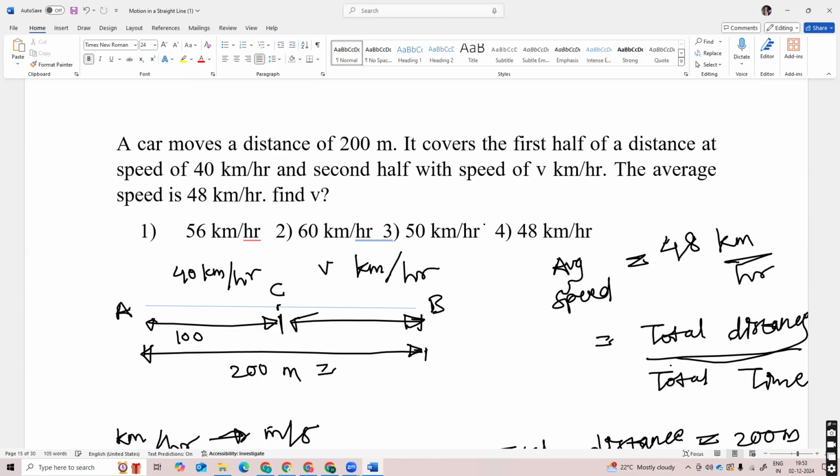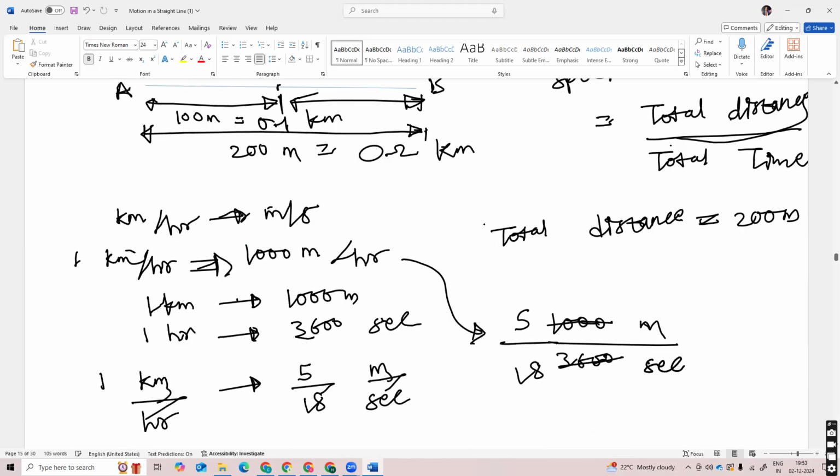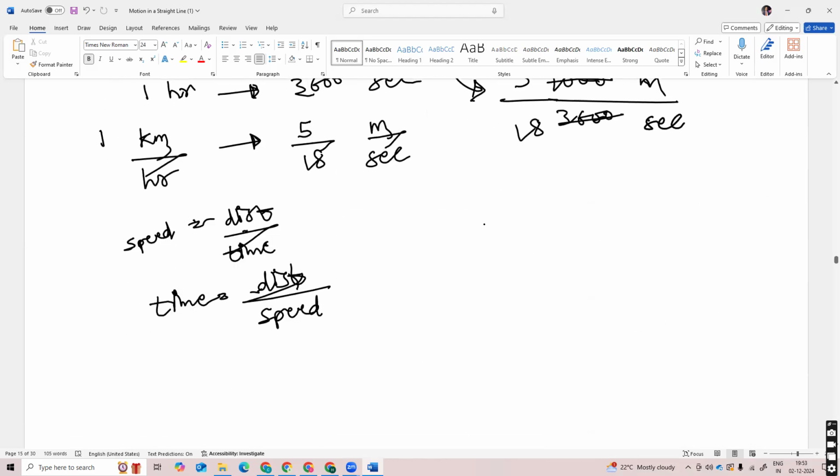Since it is 200 meters, 200 meters is basically 0.2 kilometer, and the half distance, 100 meters, means 0.1 kilometer, because you know that 1 kilometer is 1000 meters. So the time taken by the vehicle to travel from A to C can be given as distance, 0.1 kilometer, divided by speed.